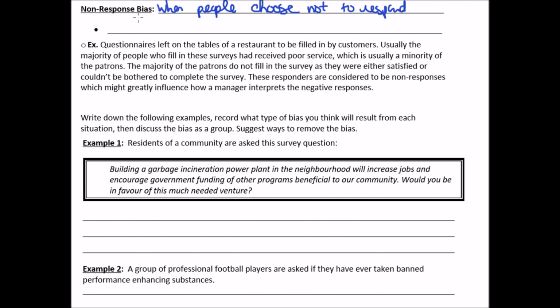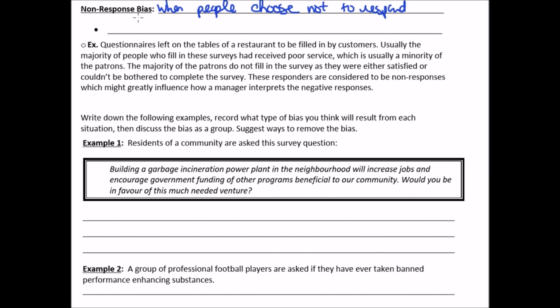Okay, so not a lot of people receive bad service, or else those restaurants probably wouldn't be in business. So the majority of the patrons do not fill in the survey as they were either satisfied or couldn't be bothered to complete the survey, right? So they're very indifferent because they had a good time, so they just want to leave.